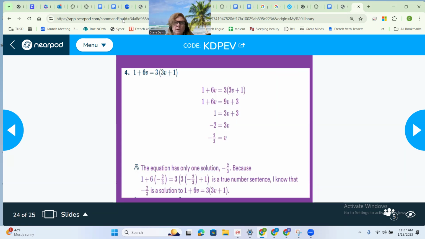Okay, over here, this is the same thing. It's followed through. The equation has only one solution. Okay, we're able to solve that and find the one solution.